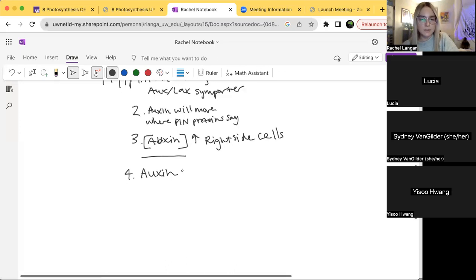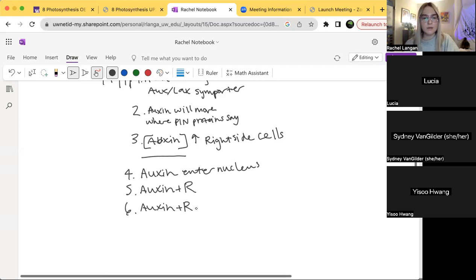So auxin is going to enter the nucleus. Auxin will bind its receptor in the nucleus. And then the auxin plus receptor is going to go to DNA, and it's going to kick off a repressor of growth genes.